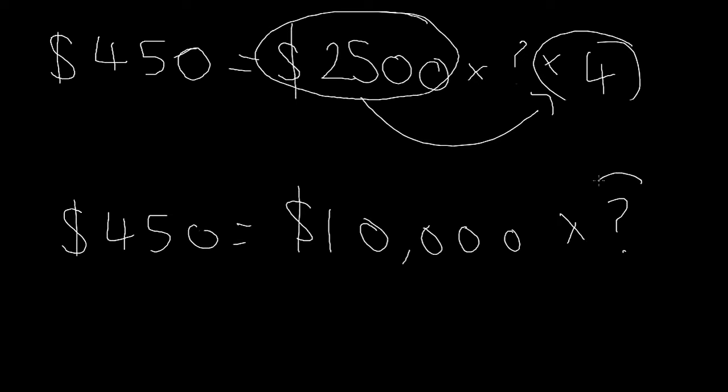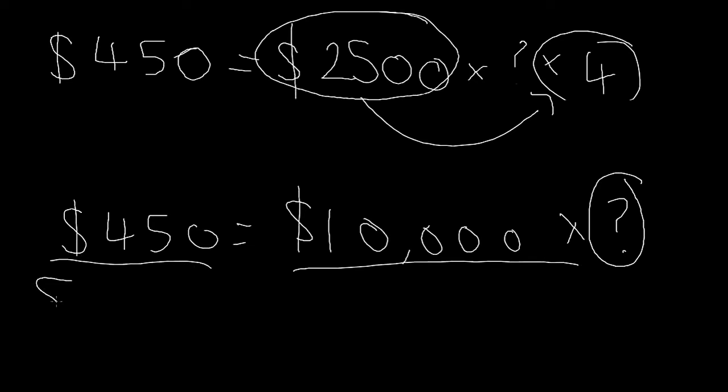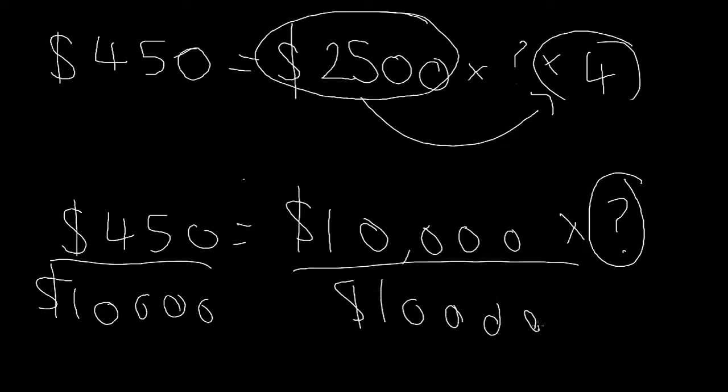Now, in order to get this by itself, remember when we have an algebra equation and we're trying to make this the subject, we want to do the opposite. Right now I can see that this unknown is being multiplied by 10,000, so to do the opposite would mean I divide both sides by 10,000. Remember, we have to do this on both sides so that the equation remains equal, because we've got to treat both sides equally.